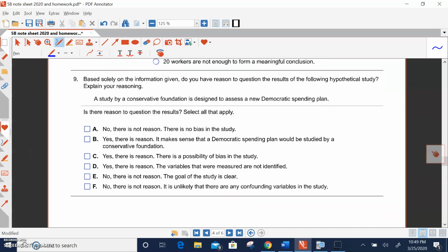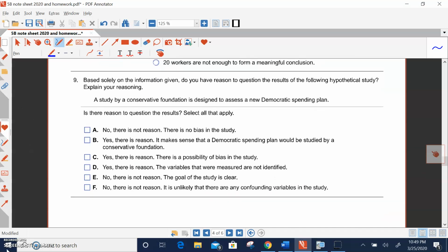Okay, number 9. Read it, work it, pause it. So, do we have reason to question the results of this following survey or study? A study by a conservative foundation, and realize that conservative usually refers to Republican politics.